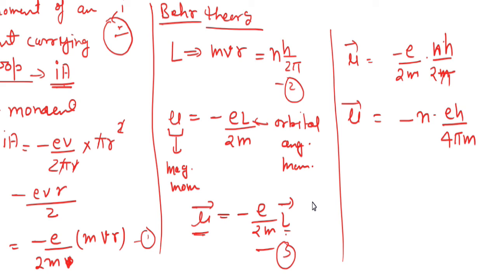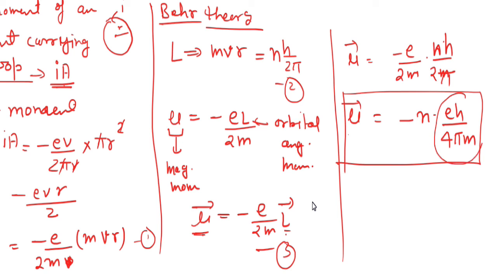So you can see that the magnetic moment of an electron in a circular orbit is given by mu equal to minus n into eh upon 4 pi m. Now here the term eh upon 4 pi m, this term is called Bohr magneton.